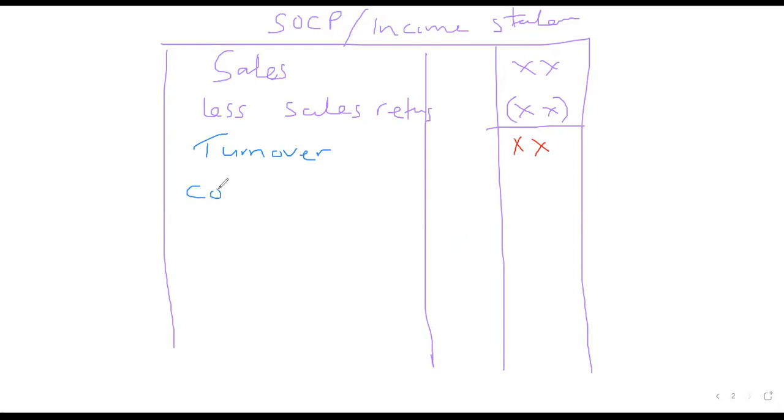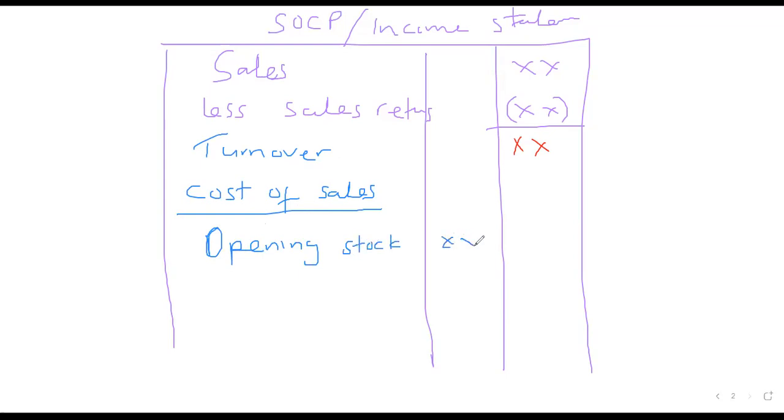Then we go to the cost of sales as the title. We're going to subtract our cost of sales from the sales turnover to get the gross profit. So we start with what? Our opening stock, opening inventory, which is found in the trial balance. Then purchases, add carriage.